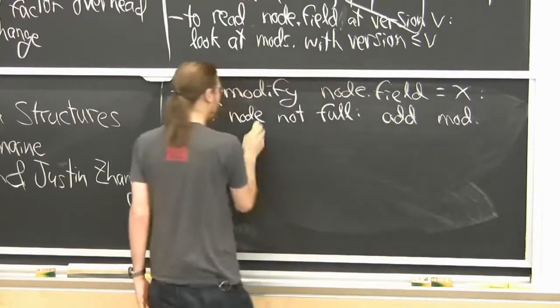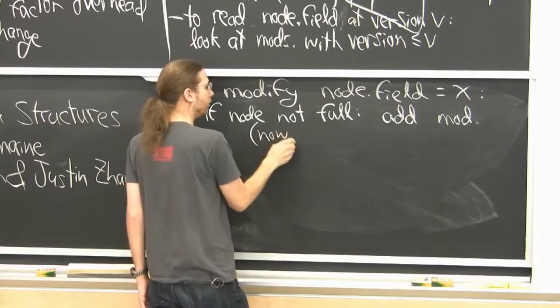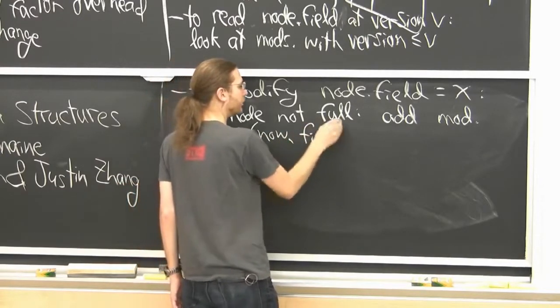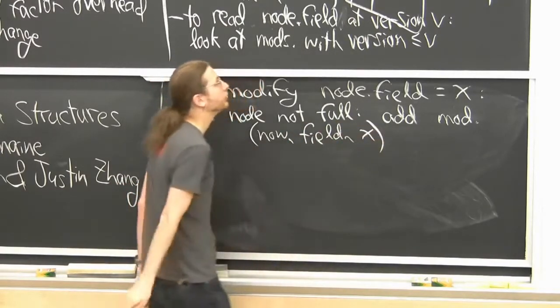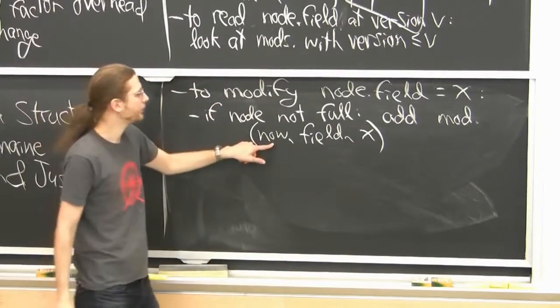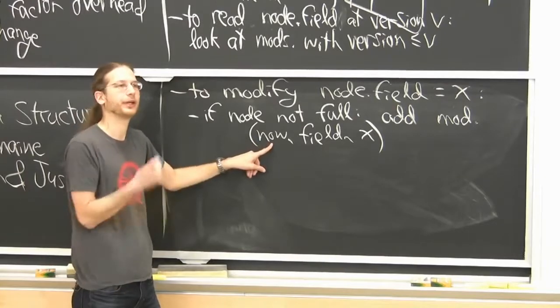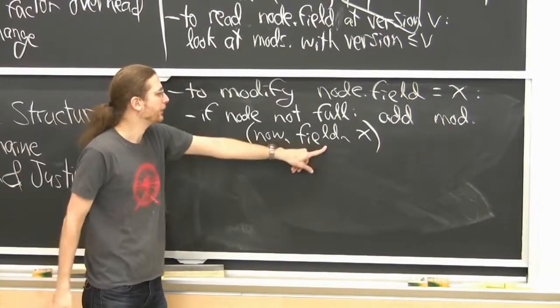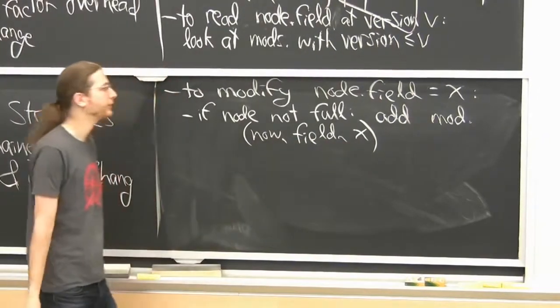So a mod will look like now, field, x. Just throw that in there, because right at this moment, so we maintain a time counter, just increment it every time we do a change. This field changed to that value. So that's the easy case.